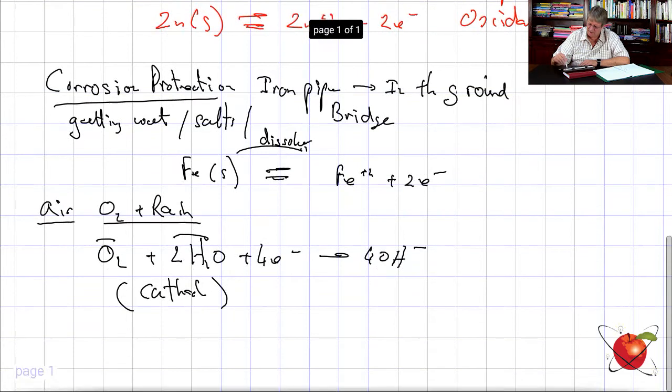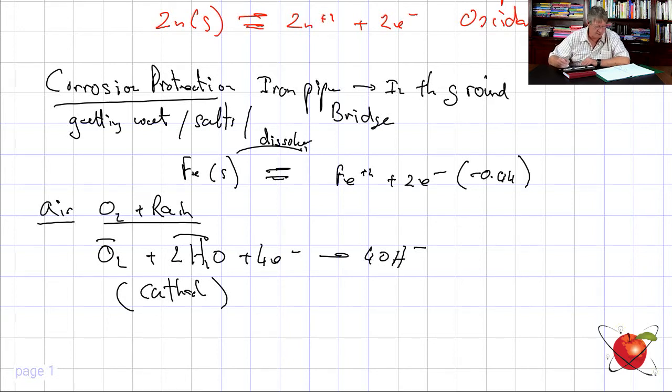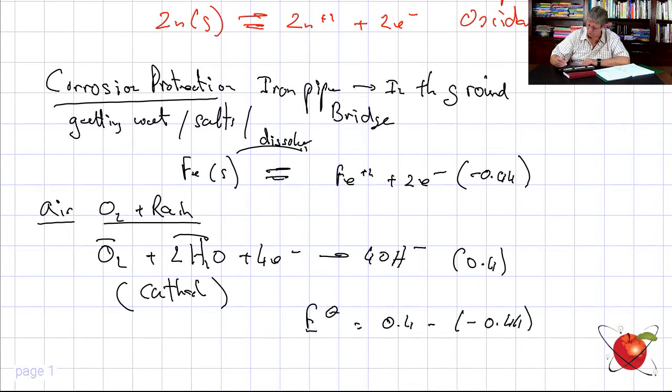If you look up the voltages, you get minus 0.44 for the iron and plus 0.4 for the oxygen. Therefore the E of the cell of combining these two is 0.4 minus minus 0.44, which gives me 0.84 volts. It's positive, therefore it's spontaneous.